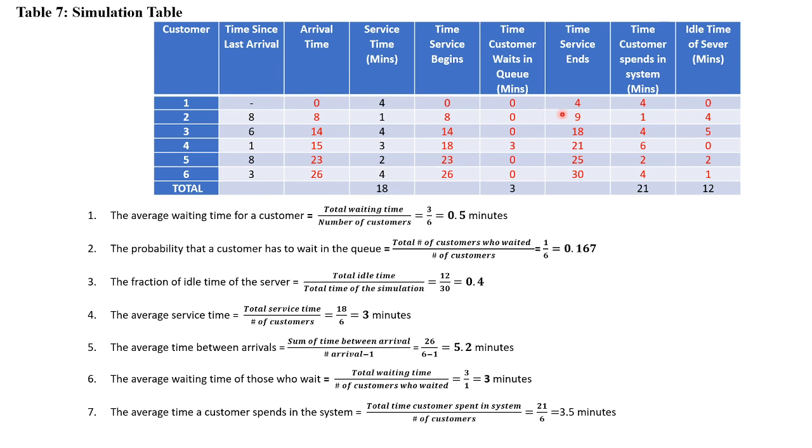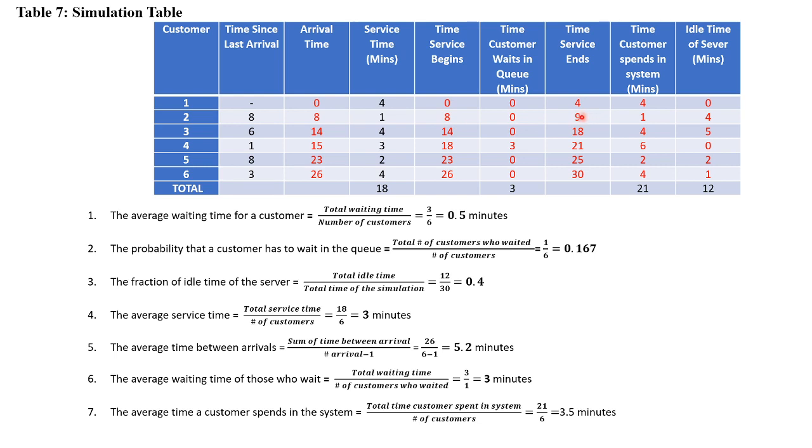Then the time service ends is the time service begins plus the service time. The service time is 1, and the time the service began is 8, so when we add 8 plus 1, that gives us 9.